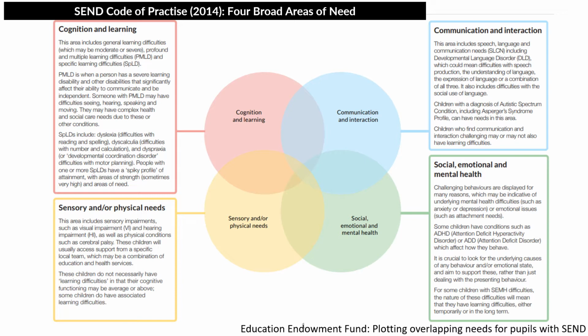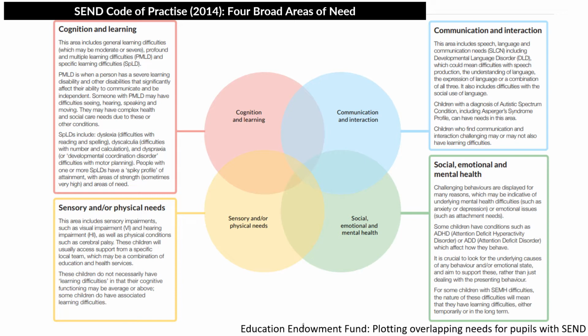I'm going to pop into the comments on YouTube the link to this presentation, and the reason I've included it is that I think it really highlights and demonstrates really well the 4 broad areas of need, including which acronyms or which conditions can be found in each, and it also shows that there is likely to be overlap with all of them.